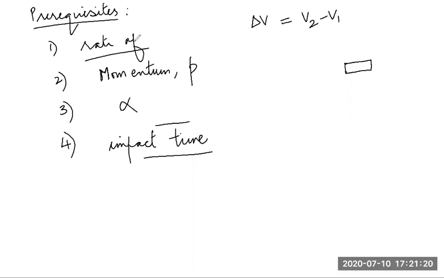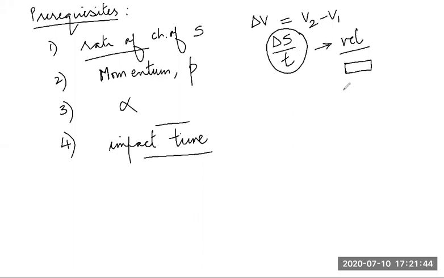And what is velocity? It's basically rate of change of displacement, or maybe distance. So I'll say delta s, this is change in distance, divided by t will give me rate of change of distance. That is the definition of velocity. Delta v is change in velocity.